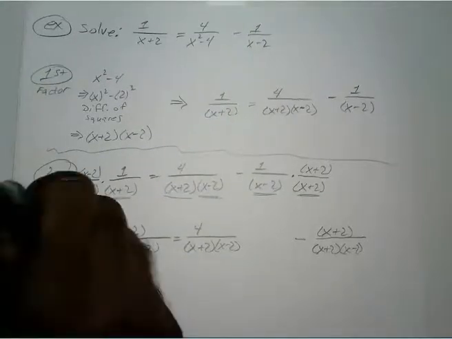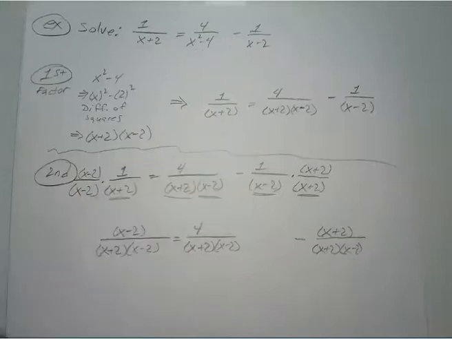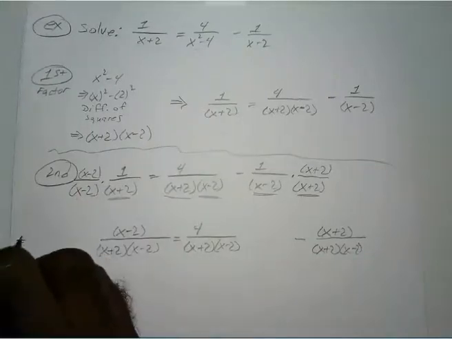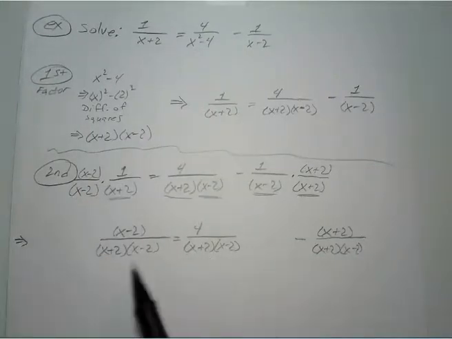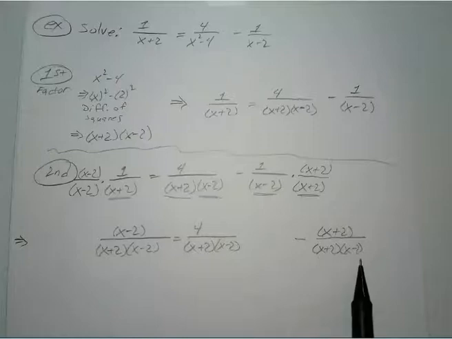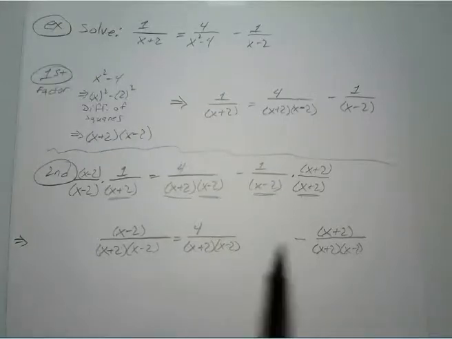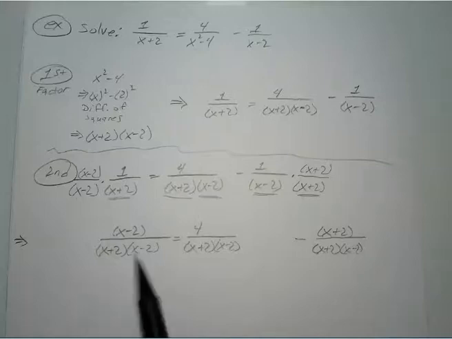The reason I gave it a little bit of space is because when you multiply each term by x plus 2, x minus 2, they're going to cancel out. Now, you don't have to actually do this part if you don't want to. I'm just showing you that as soon as all of your denominators match, they're all going to cancel out.